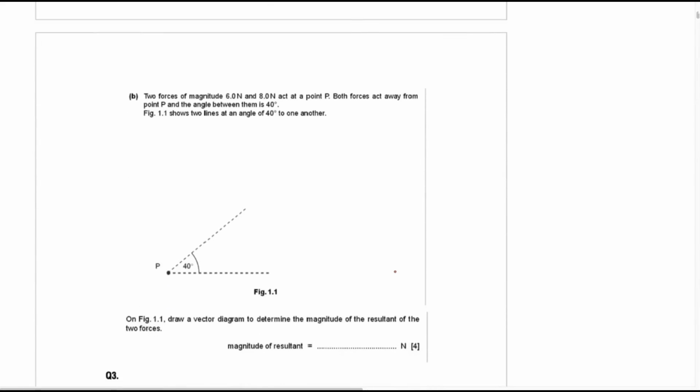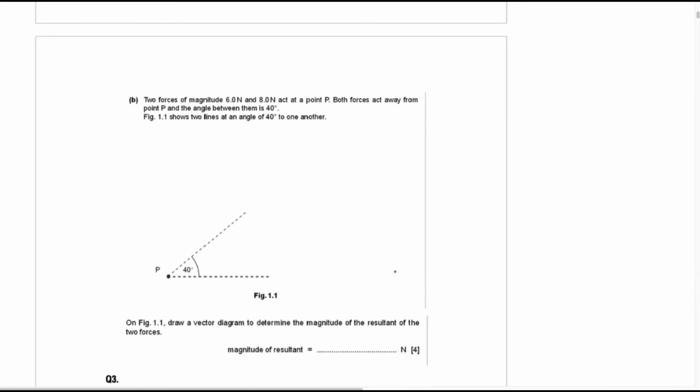Okay, so part B. Two forces of magnitude 6.0 Newton and 8.0 Newton act at the point P. Both forces act away from point P, and the angle between them is 40 degrees. Figure 1.1 shows two lines at an angle of 40 degrees to one another.